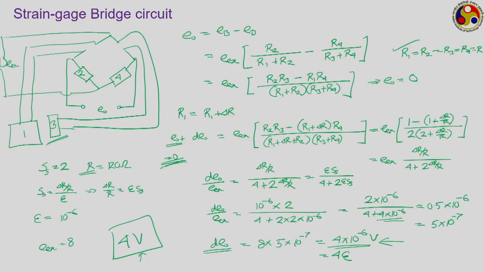Because this 3 will be acting as a kind of temperature compensator. Whatever we are doing here corresponds to the reference temperature, the temperature at which this gauge factor and others were calculated. But if there is a change in the surrounding condition, then the value of resistor R will change in 1. Similarly, the resistance in 3 will also change, because these two are identical, and their resistances will respond identically to the change in temperature.